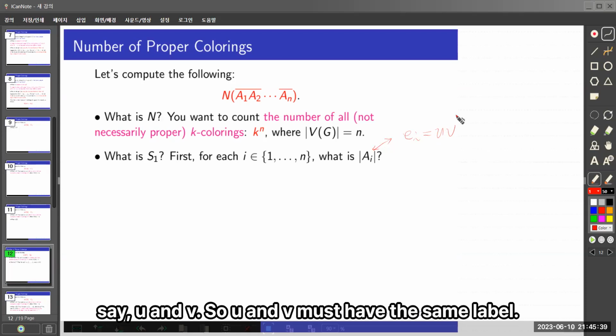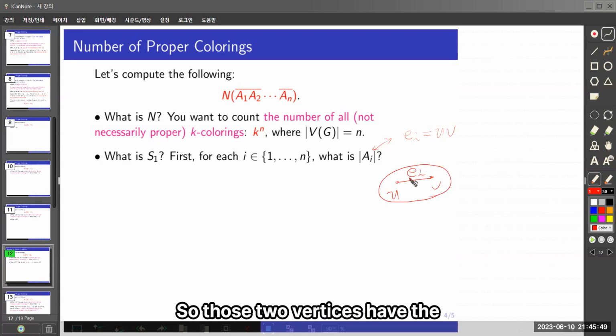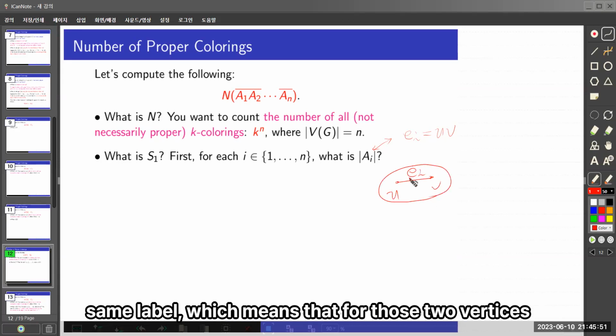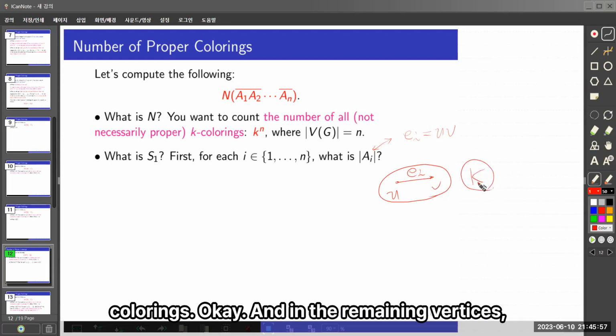So u and v must have the same label. Those two vertices have the same label, which means that for those two vertices we have k options, because we have k colors.